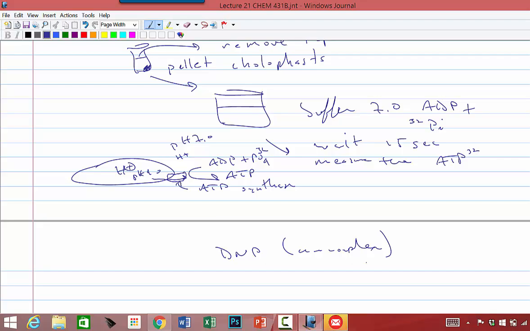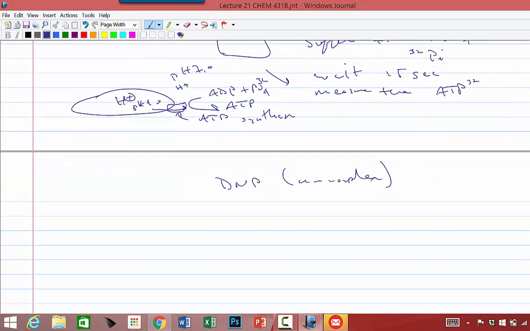And then they wanted to figure out whether or not they could distinguish between an electrical gradient or a chemical gradient. And the way they did this is they used something called an ionophore.